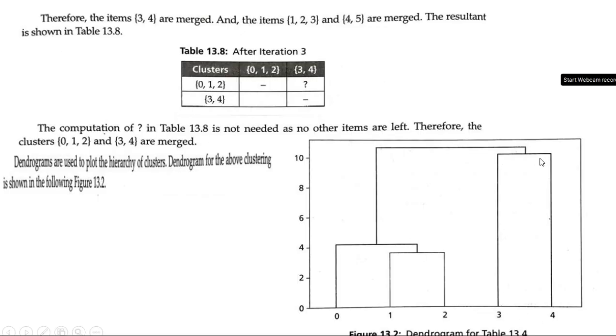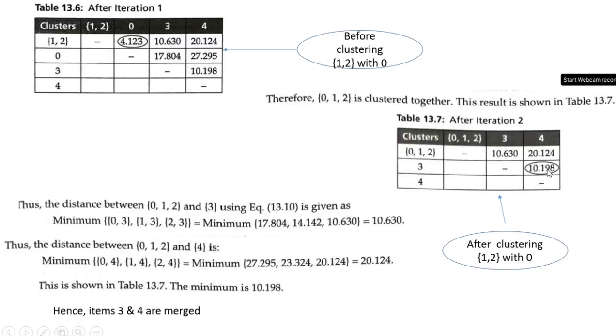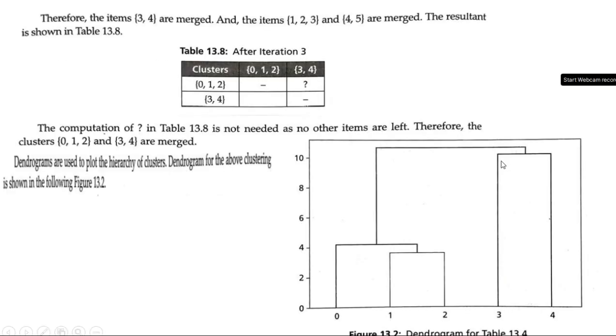Then I merged 3 and 4. When I merged 3 and 4, the minimum distance was 10.198. So that's why, if you see here, I have merged 3 and 4 at 10.198. I hope you understood the significance of the y value. Clustering of 1 and 2 was done at around 3.6, clustering of 0 with 1 and 2 at around 4.1, and 3 and 4 at a minimum distance of 10.